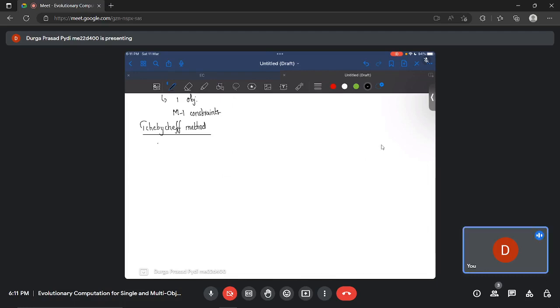So here, when you have something like minimize F1 and minimize F2, we will convert this into some new function. So we will use small l of x comma y.